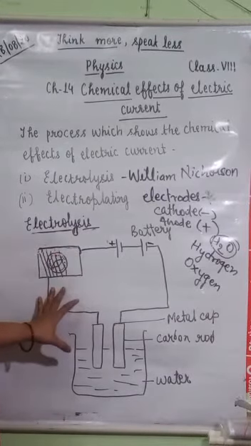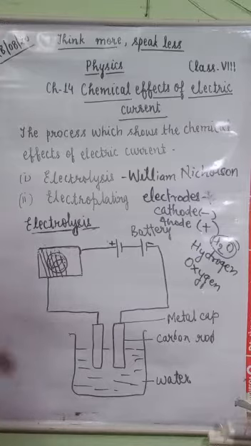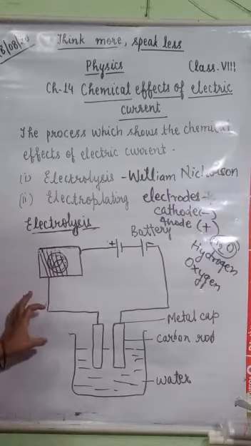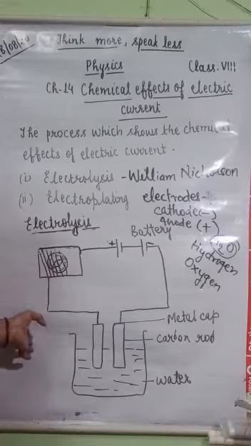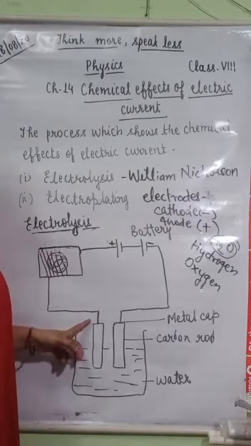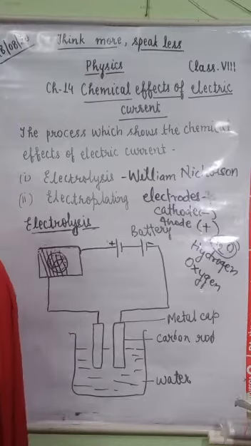This figure shows the electrolysis of water. In this arrangement, you have to take two discarded cells, which are waste cells, and remove their carbon rods. Clean their metal caps with sandpaper and wrap copper wire around the metal caps.